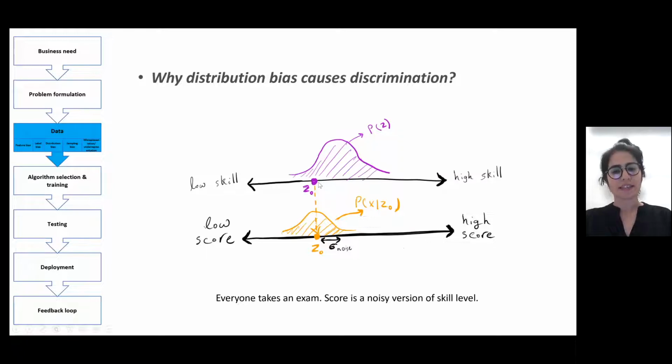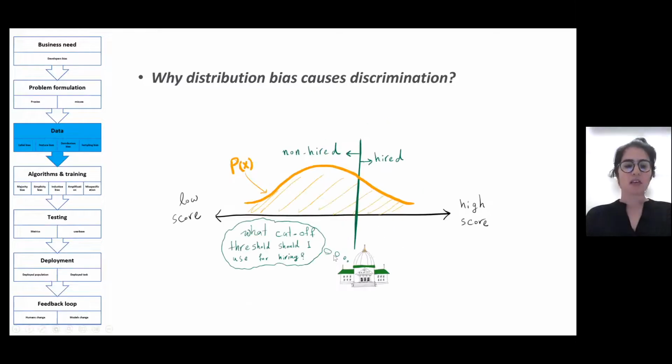So here, for skill level 0, if we take an exam, the distribution of the score would be a Gaussian around Z0 with some standard deviation noise, here I show sigma noise. So going back to the company, it wants to understand what cutoff threshold it should use for hiring. To recap, the company is interested in hiring people whose skill level is greater than 0, but it doesn't have access to the skill level. It only has access to their score.